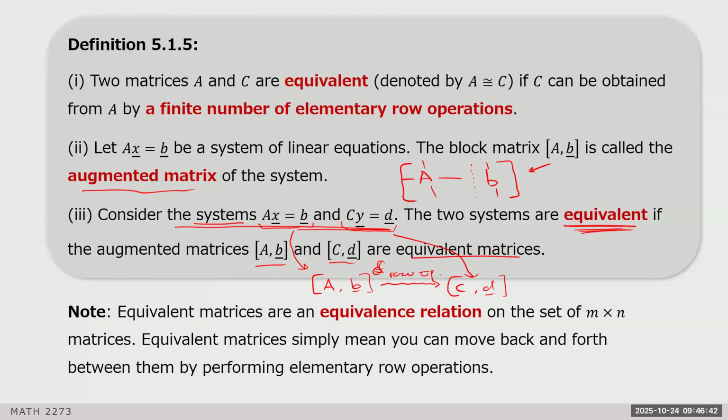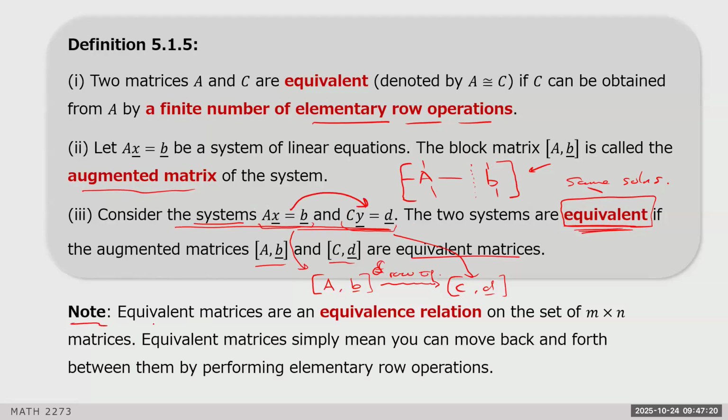Because we will prove next time that if your systems are equivalent, they have the same solution. So the reason why your high school teacher only told you to use those three elementary row operations is because those are precisely the row operations that preserve the solution. If you try to do any other type of row operations, you will mess up these solutions. Those three operations preserve the solutions when going from one system to another.